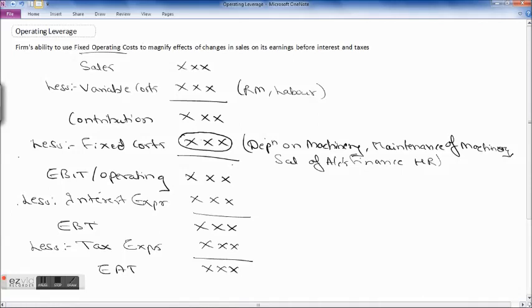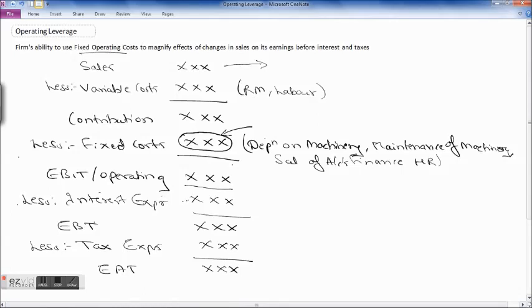What operating leverage measures is how efficiently the firm uses this fixed cost to impact a change on its EBIT, due to an increase or decrease in sales. Say your sales increase by 40%, then what is the impact on your EBIT or operating income?